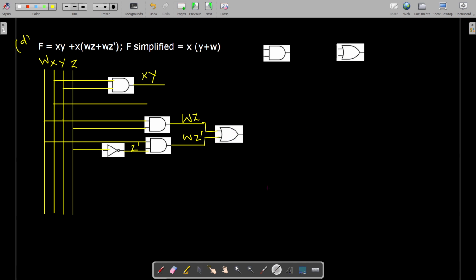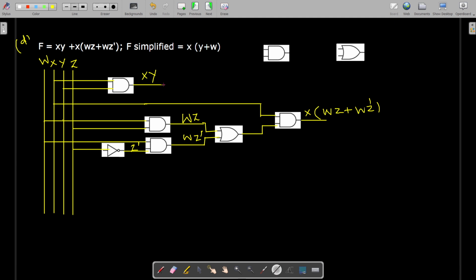and then this, along with the x line we have already taken, must be given to a two input AND gate. So here we get the second term completed. That is x ANDed with wz plus wz dash, isn't it?